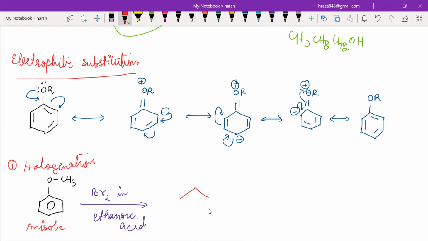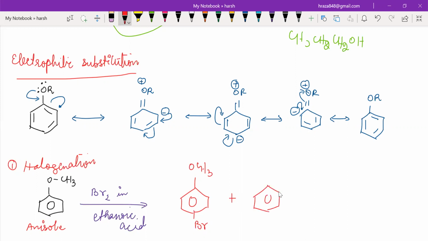So what happens? Br will be added at the ortho and para positions, and you know which one is major? Para. This is para, this is major, and ortho will be minor.